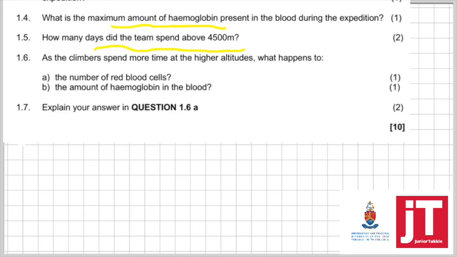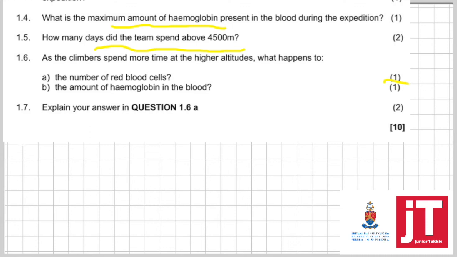Now, 1.6. As the climbers spend more time at higher altitudes, what happens to the numbers of red blood cells? It's only 1 mark. They don't want an explanation. This is a very nice question in grade 10. You learned this in environmental studies with altitude, or this is how your application question will be asked. At higher altitudes, the air is thinner.